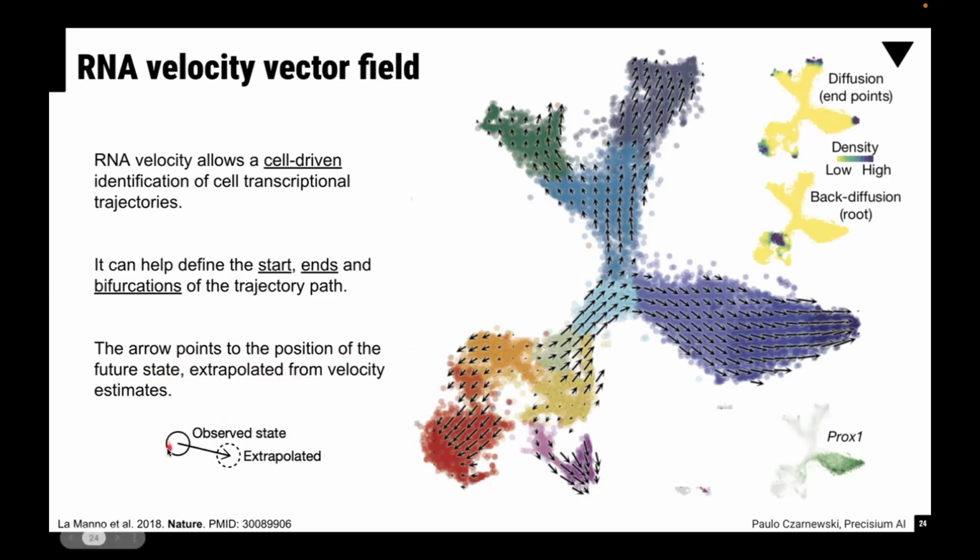So if you have, for example, an unspliced cell in here, you try to find where is the cell spliced in your multidimensional space, and then you can draw an arrow between them. And basically that's what the vector fields are trying to point out in here. So if you have a cell in here, where is the next mature RNA version of this cell? And it's up in here, so that's why you draw an arrow in that direction.